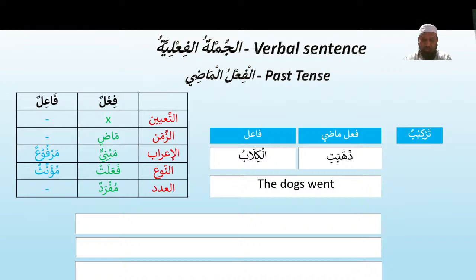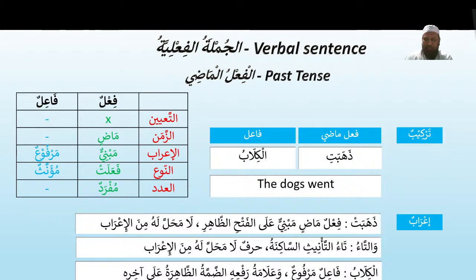Sahara, Rafa'a, Ba'atha, Fataha. So this is the example of ذهبت الكلاب. Okay, so the Arabic is exactly the same.